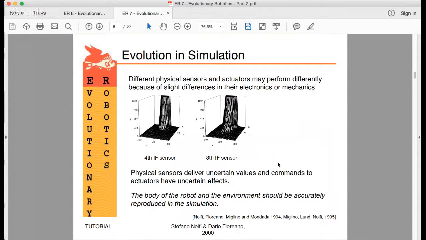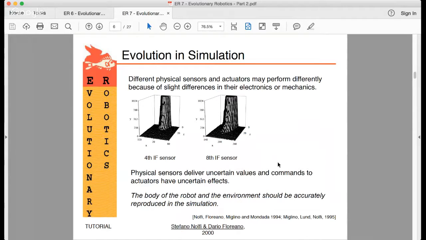In these 2 graphs that we can see in the slide, we have the infrared sensors of a single Khepera. If you look at the 2 graphs, you can easily notice the difference between the infrared sensor readings when exposed to the same external stimulus.